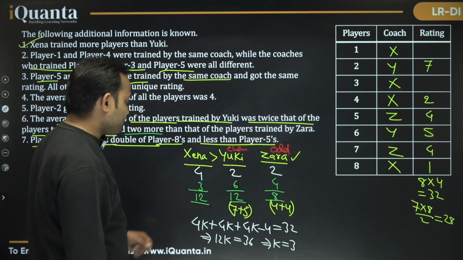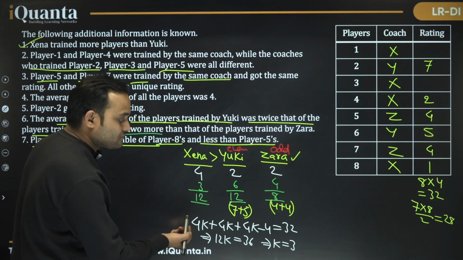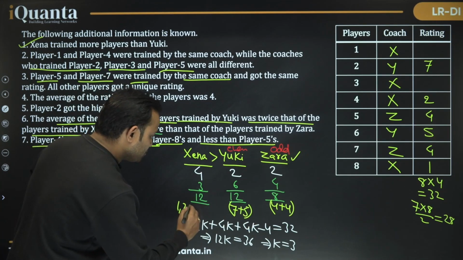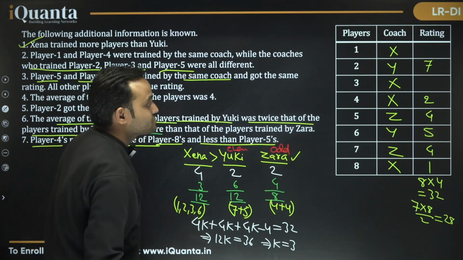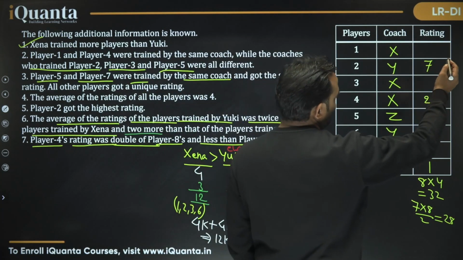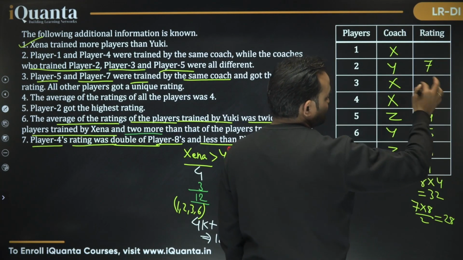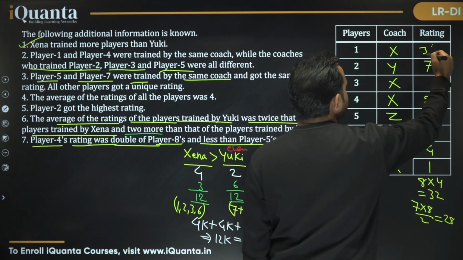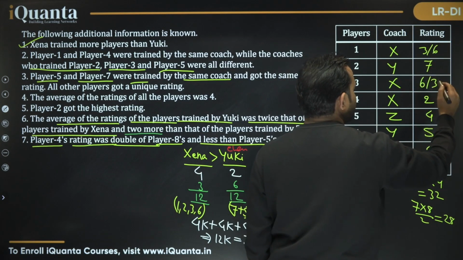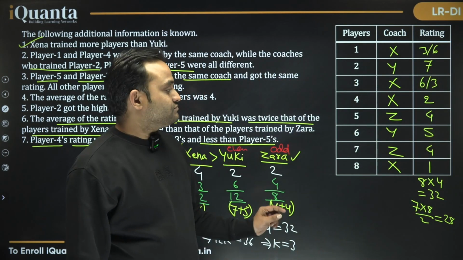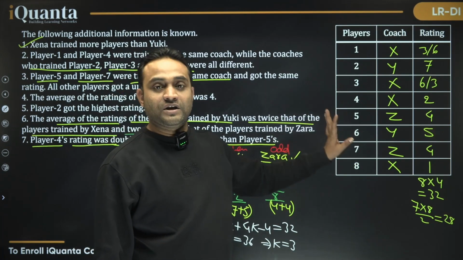Now in case of Zina, how do you achieve 12? The remaining numbers 1, 2, 3 and 6. So if you check, what can we say? The two numbers are missing, 3 and 6, but we don't have any information regarding them. So that's it. This is the table that we want.